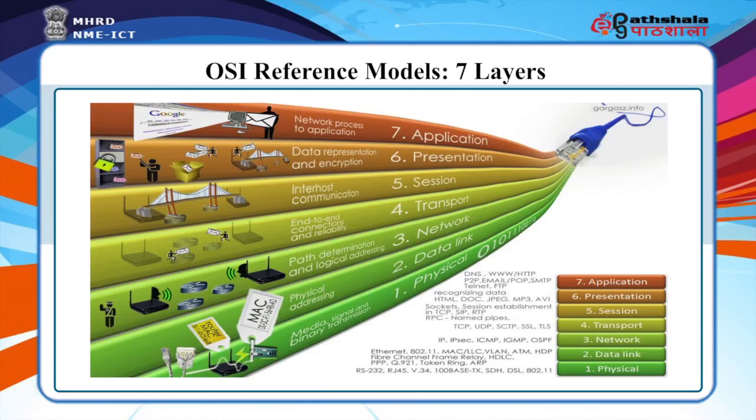And in the next layer, you can see that the IP address is physically mapped to a physical address. The physical address is the MAC address. Every network device will have a physical address. That is called the MAC address. Generally, it is 48 bits, while the IP address is 32 bits.